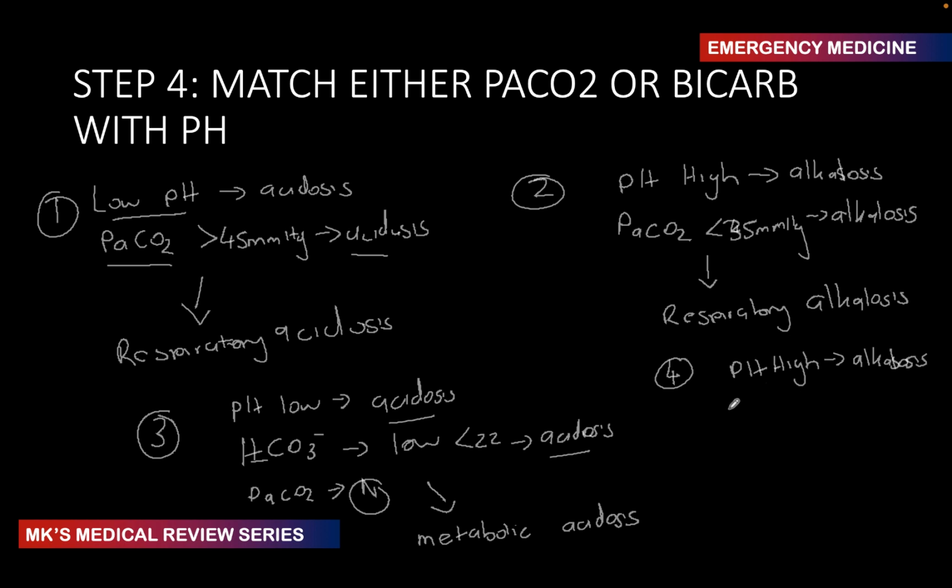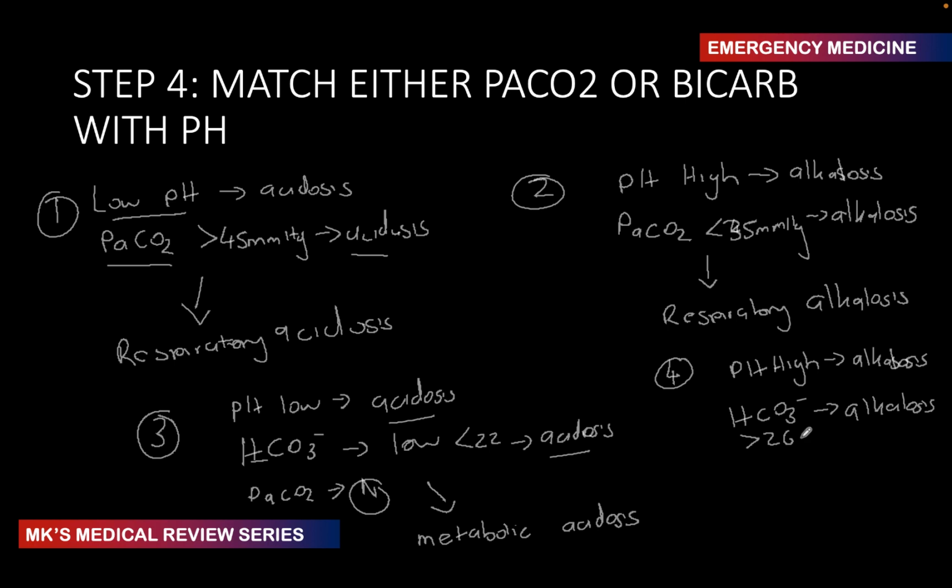So remember, again, if you have a lot of bicarbonate that is accumulating, greater than 26, this should not normally make sense, because if the pH is alkalotic, you would expect to lose a lot of bicarbonate in the urine. You would expect the bicarbonate to be low. But in this case, you look at the bicarbonate and the bicarbonate is high. So this is also pointing towards an alkalosis.